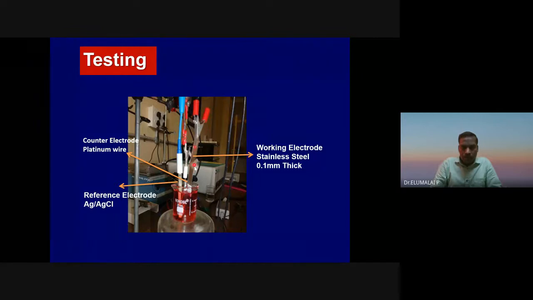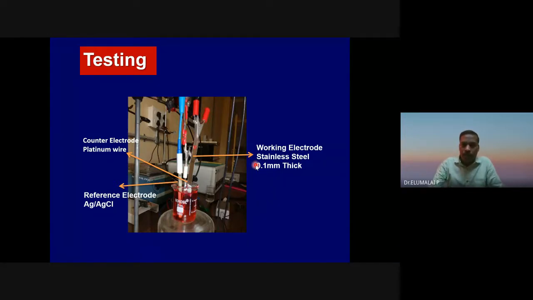So this is your working electrode, stainless steel, and this blue electrode is the reference electrode, and this platinum wire is the counter electrode. Reference electrode, counter electrode, working electrode: a 3 electrode cell.